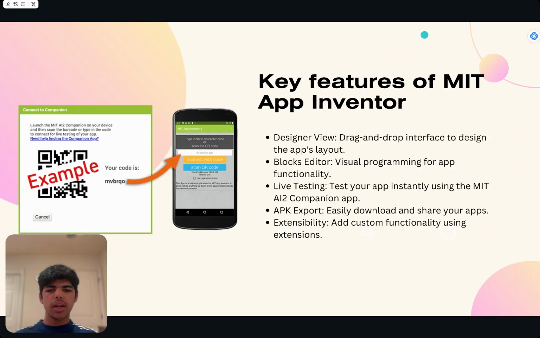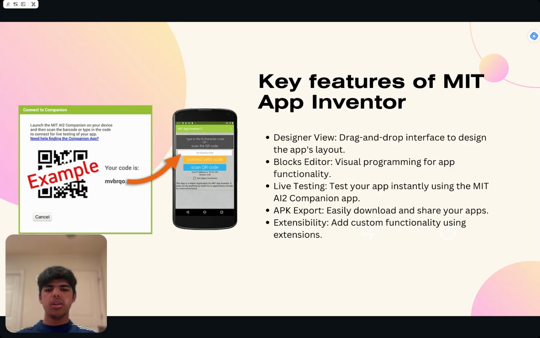So let's take a look at some of the key features that make MIT App Inventor so powerful. First, there's the designer view, where you can drag and drop components to design your app's layout. It's as simple as arranging building blocks to create the user interface you want. Next, we have the block editor, which lets you visually program the app's functionality. Instead of writing traditional code, you can connect logical blocks to define how your app behaves.